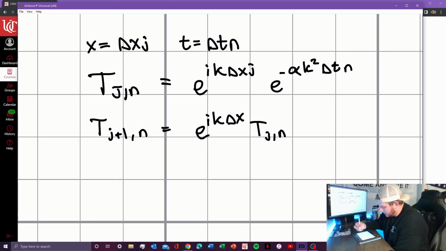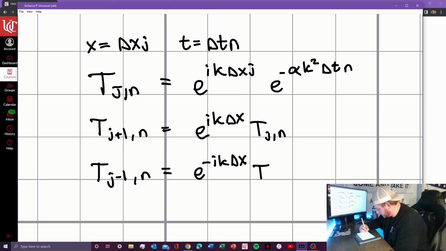And if you were to have j minus 1, n, that would simply be e to the negative I k delta x, and then this repeated.